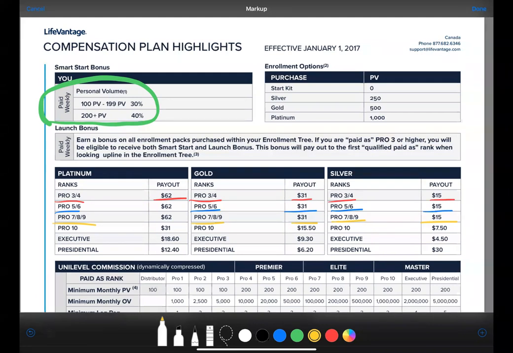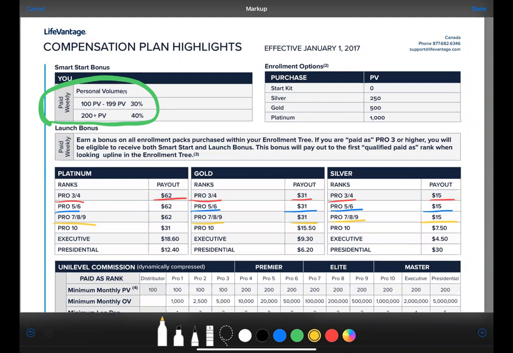Now, sorry, these are Canadian prices, you guys. So the US will be slightly different. These are Canadian prices. And then again, if you're the top Pro 5, you'll get 62. If you're the top Pro 5 for gold, you get 31, silver 15.